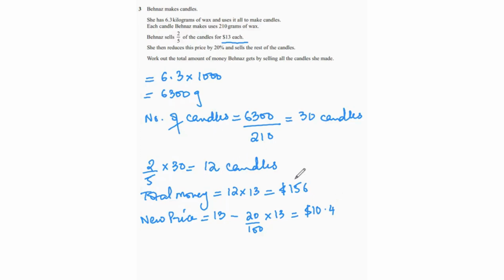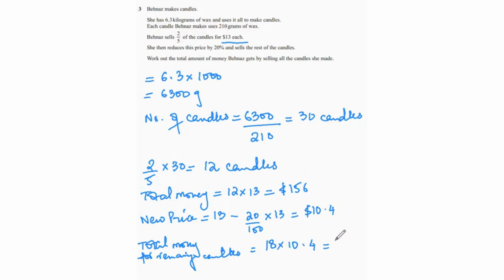So we've already sold the 12 candles at $13 each. So total money for the remaining candles, that's going to be 30 minus 12, which is 18, times 10.4.